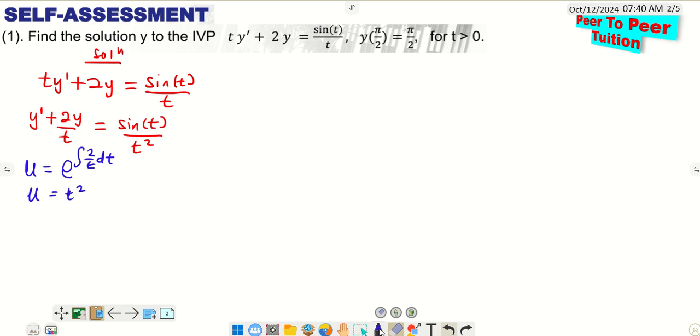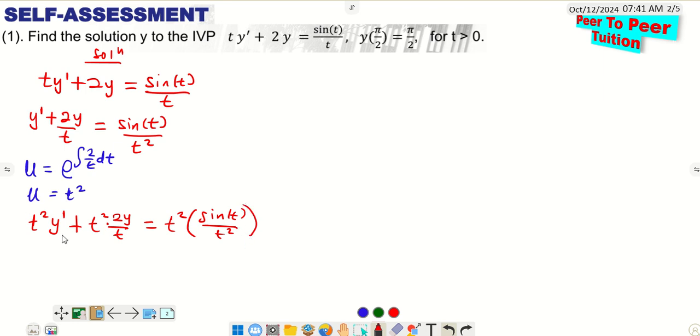The next thing is to multiply through by the integrating factor. t squared multiplies y prime plus 2y over t, equal to t squared times sine t over t squared.